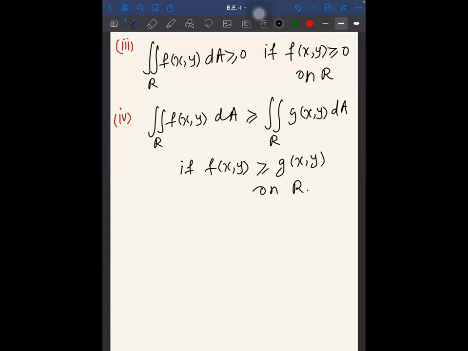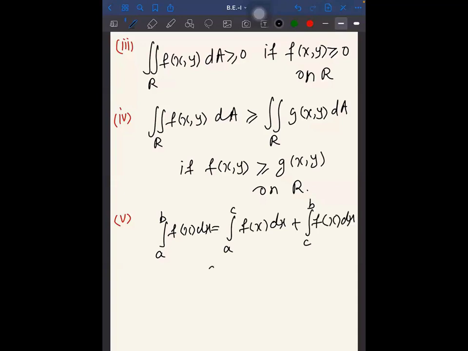Now you know that the fifth property is a bit tricky. Let me explain first. When you used to do the integral from a to b of f(x) dx, you were able to split it like this for any c which lies between a and b.